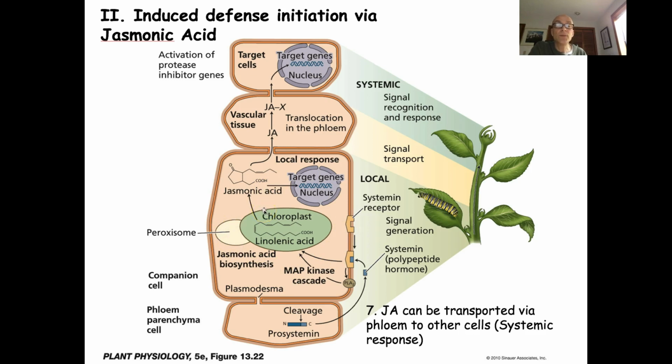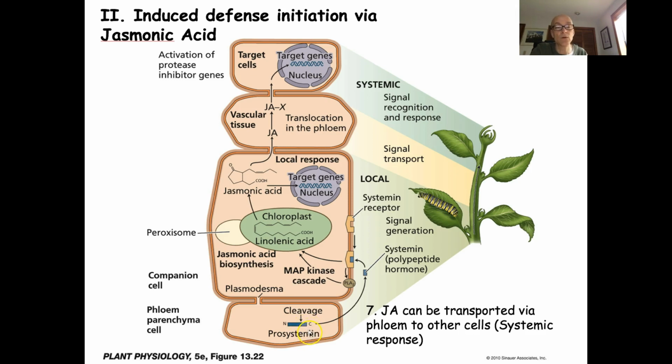Now, there are ways for the plant to make this systemic, so to move a response from one place that is currently under attack to a place that is not yet under attack, but where chances are that the caterpillar will move to relatively soon. And so there's two ways. The first one I had already mentioned, that's the systemin. So systemin is a protein that will turn on the production of jasmonic acid, and it, again, by itself is activated by attack.